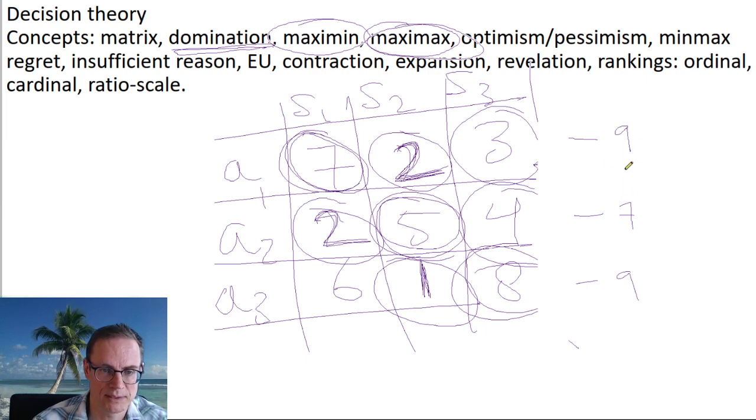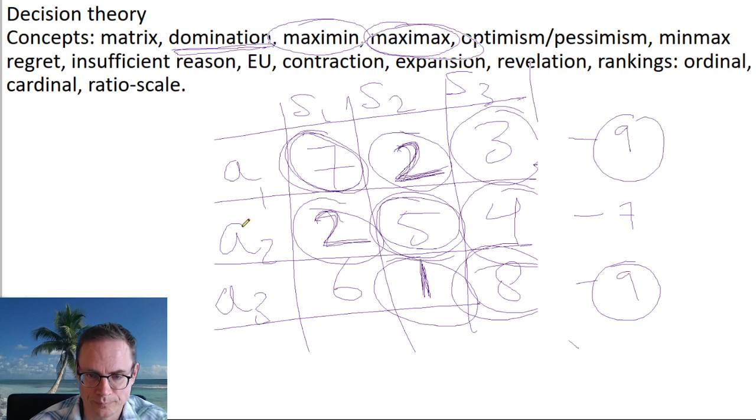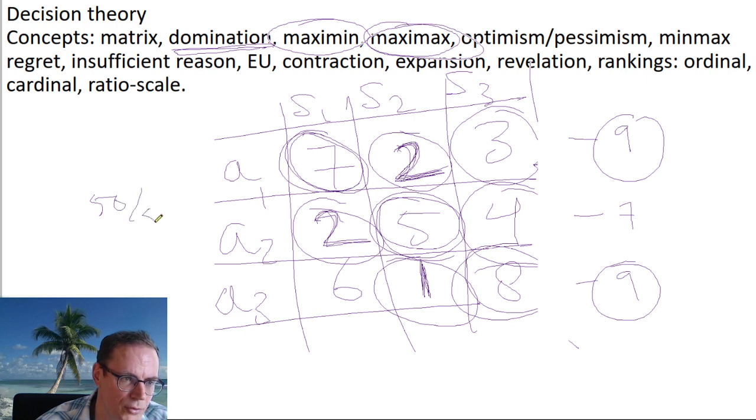So optimism pessimism would say these are equally good. And by the way, this is a version where both count for 50-50. But you could also, of course, weigh the worst more, let's say 30-70. Or you could weigh the higher outcome more, 80-20.